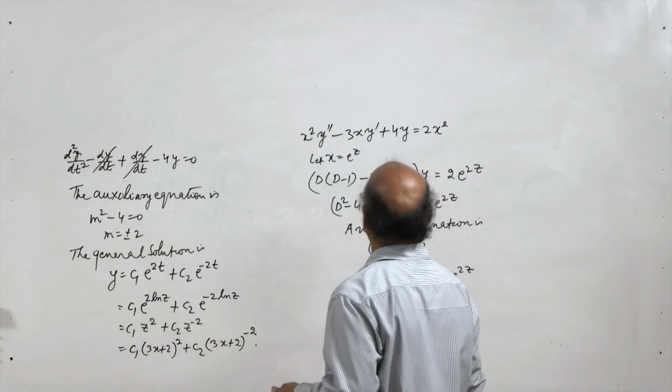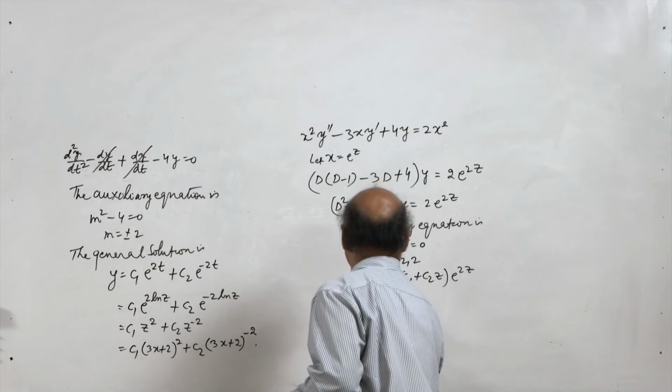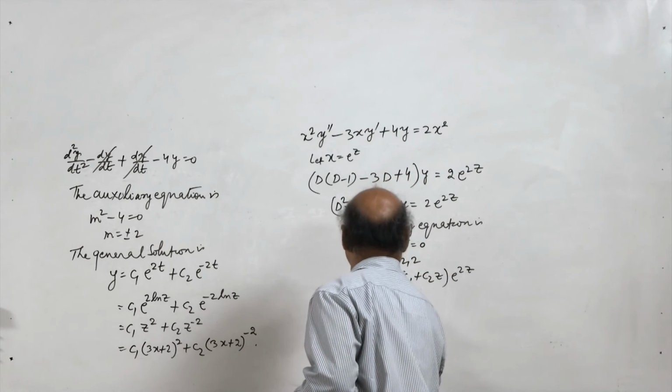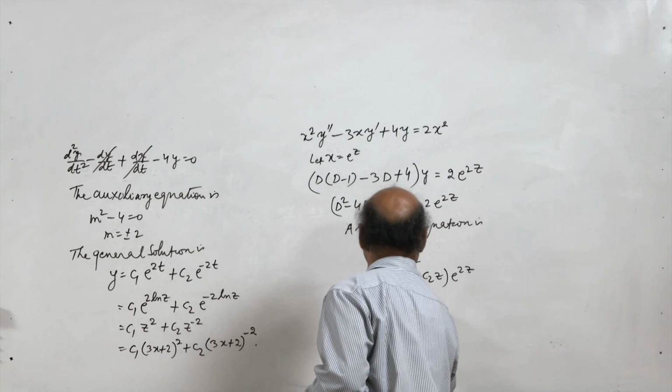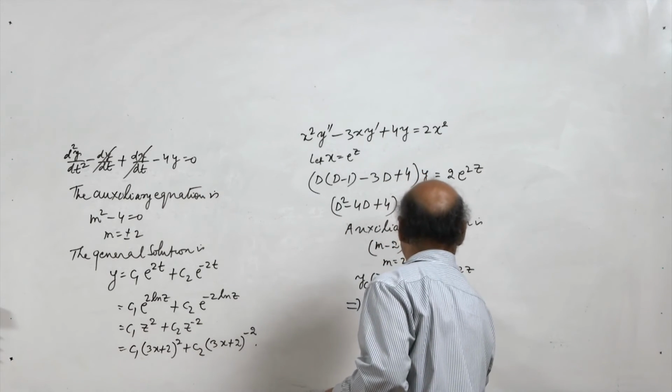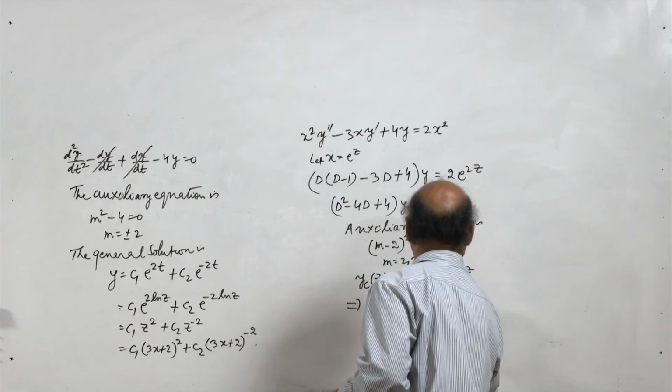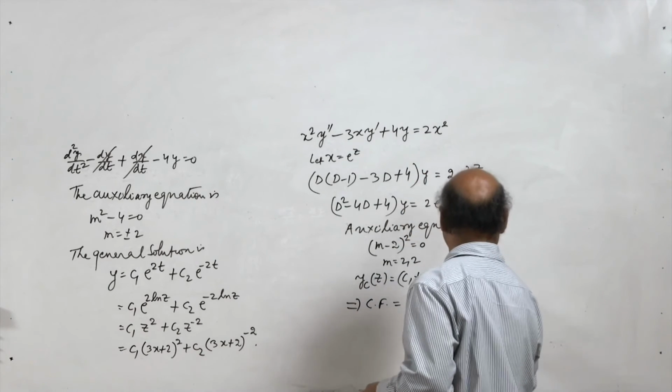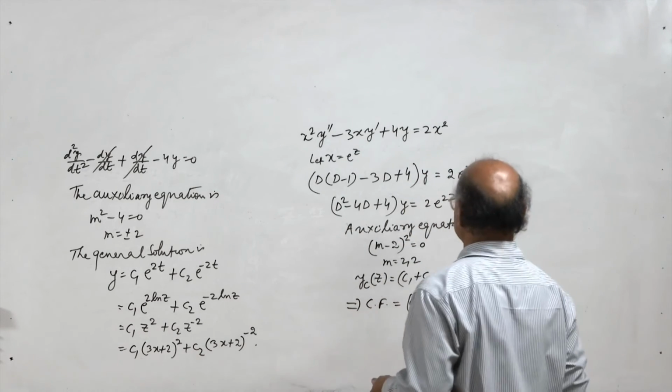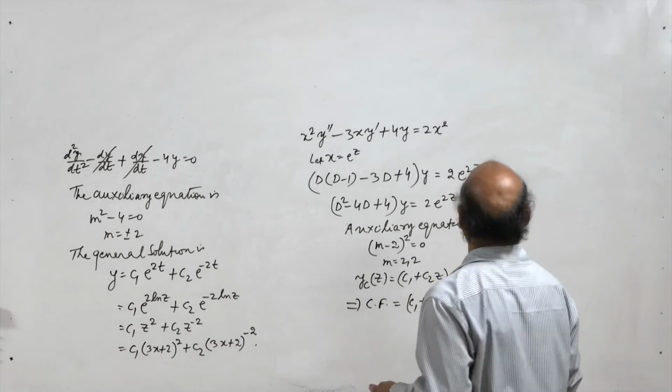Now, let us replace z with ln x. So, we get the complementary function, C.F. = (c1 + c2 log x) x². So, this is the complementary function. Let us find the particular integral.